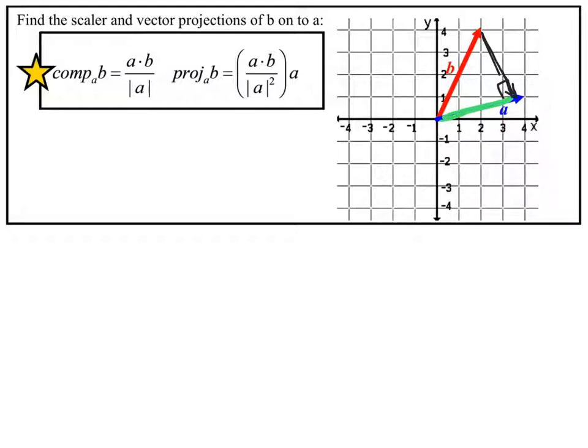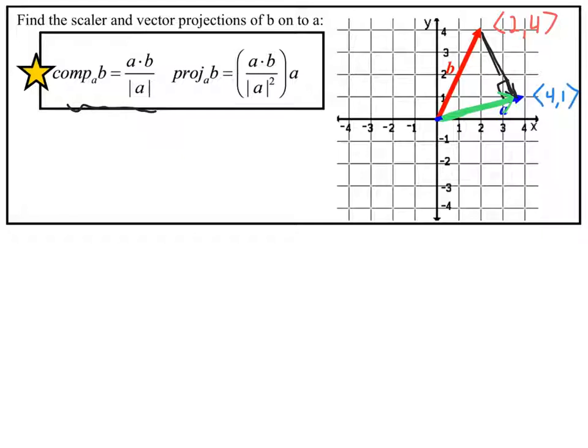Okay, so the first thing we do is we find the length of that green vector. We do that with this first formula. So let's figure out what the components are. For B, it went over 2 and up 4. Okay. For A, it went over 4 and up 1.